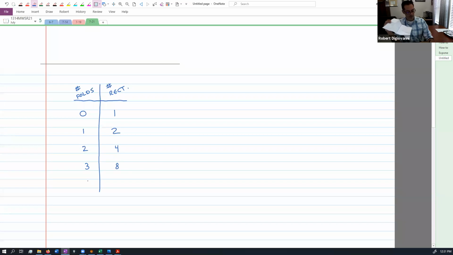Let's go again. 4 folds, what do you think? Here's the 4th fold. How many rectangles are we going to see? 16? Let's see. It gets hard to draw all the lines here, but I have 1, 2, 3, 4 across the top and 4 down the side. So 4 times 4, there's 16 rectangles in here.